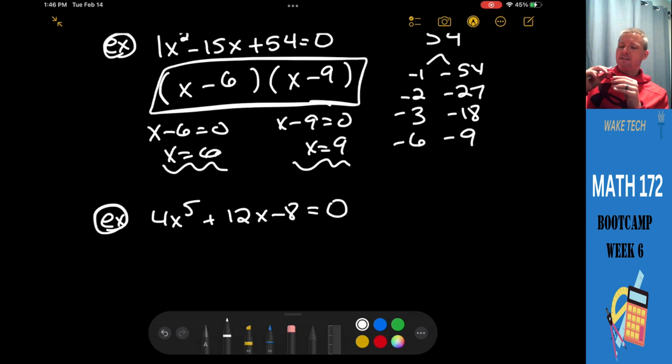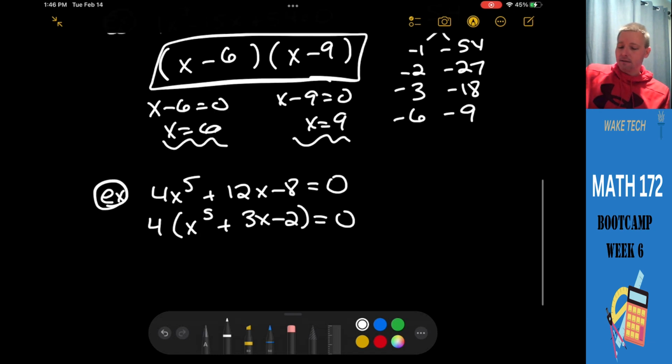So we like to factor things that are quadratic. This isn't, right? Our degree is 5 there. So we're not going to go through the same approach we were using for the previous one, but one thing to always be on the lookout for is a common factor. And so here we have a common factor of 4. So what we can do is factor out a 4 from each of these terms.